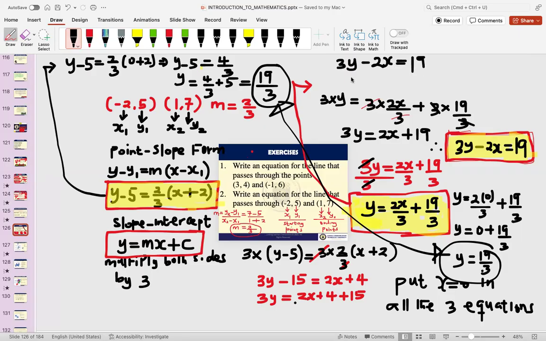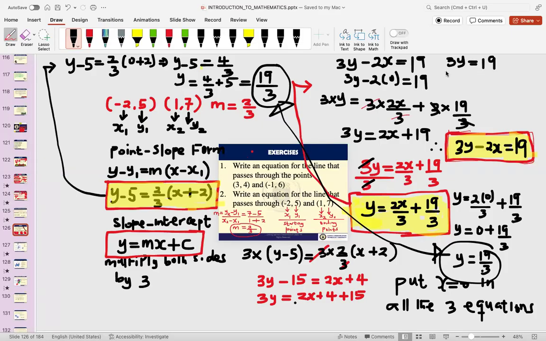Wherever we see x, we put 0. So we have 3y minus 2 times 0 is equal to 19. 0 times any number is 0. So we have 3y is equal to 19.